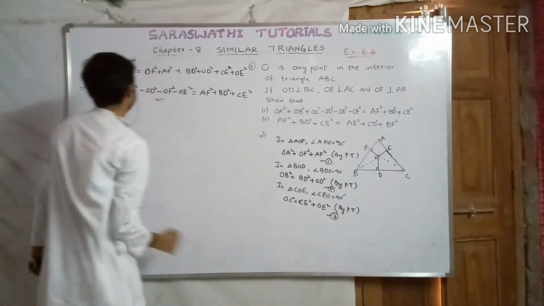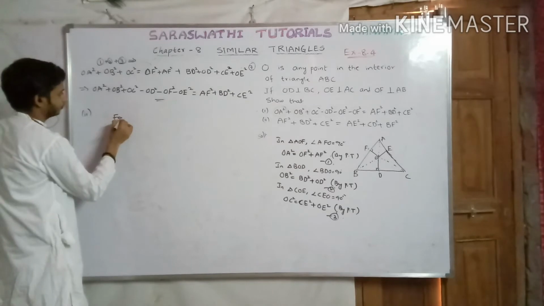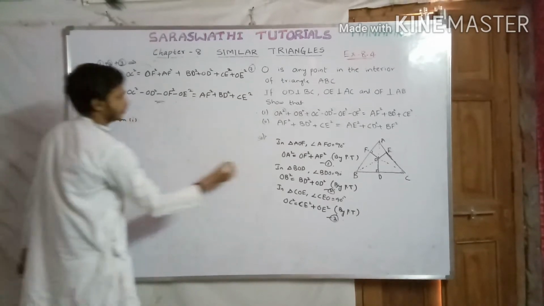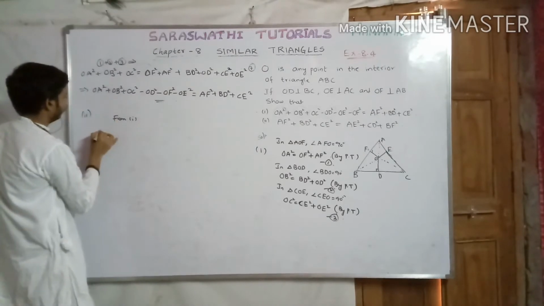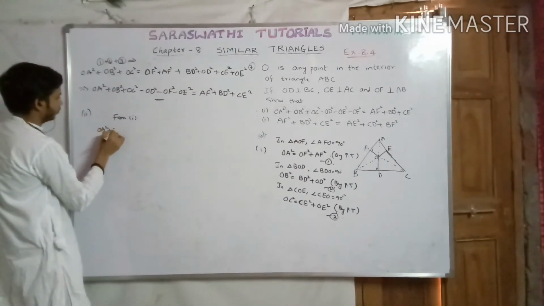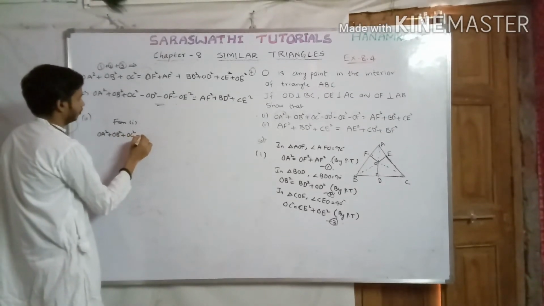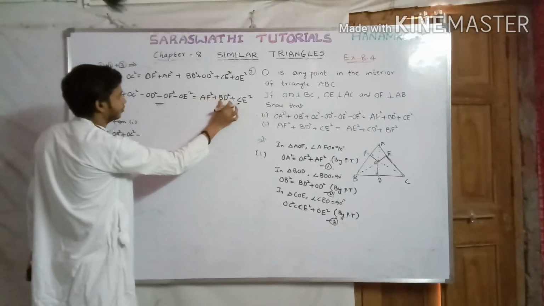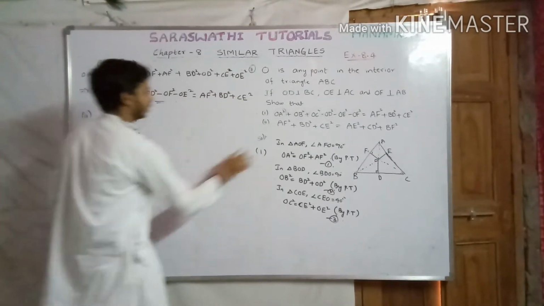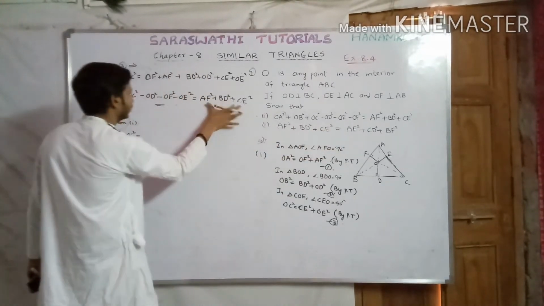Again, second proof. Okay, so from 1, this is the first proof right here as 1. From the first proof we got that OA square plus OB square plus OC square minus OD square minus OF square minus OE square equals AF square plus BD square plus CE square. Here we need to prove AF square plus BD square plus CE square equals AE square plus BF square plus CD square.